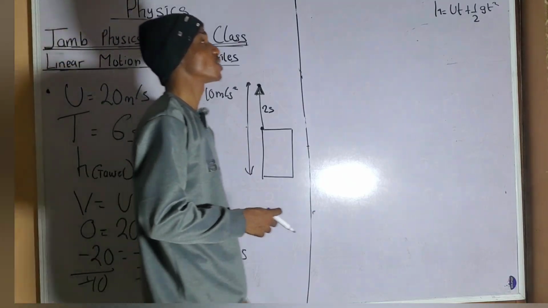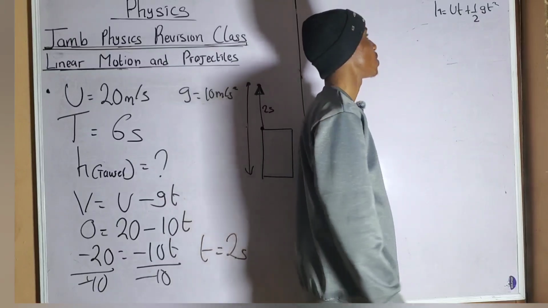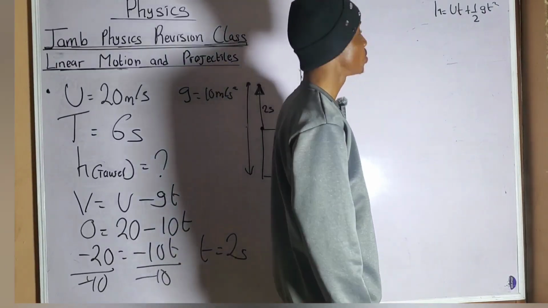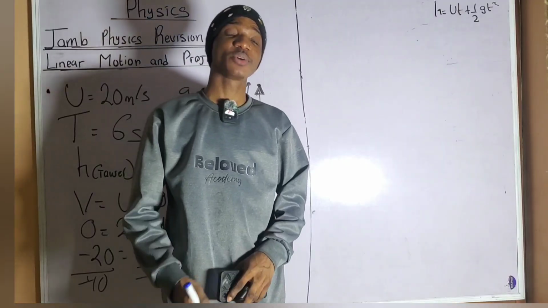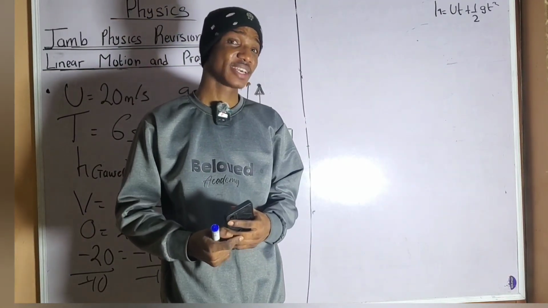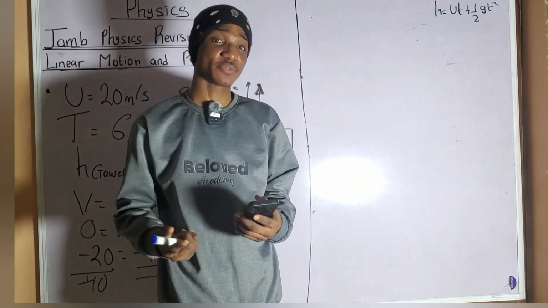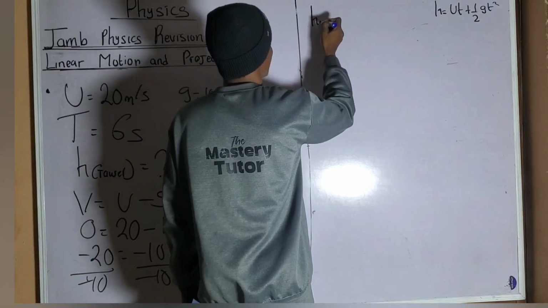So we're going to make use of this formula: h equals ut plus 1 over 2 gt squared. Don't forget that the value of g depends on the direction of the ball. Now, because the ball is being thrown up, it is moving against gravity, right? So the value of g will be negative. So for this I'm going to have h1. Let's represent as h1.